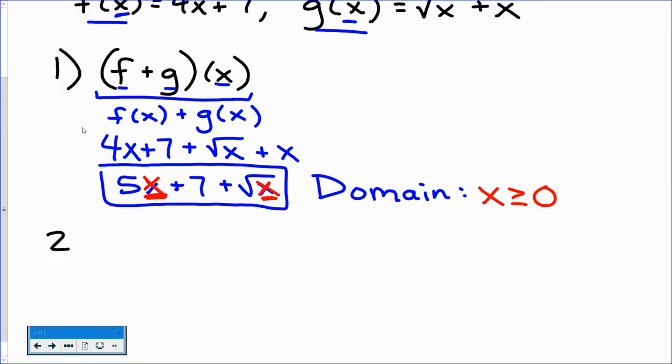Adding. You will also do subtraction as a function operation. That can be written in the same way, but it would say minus, so f minus g of your input x. We're going to use the same functions as above.